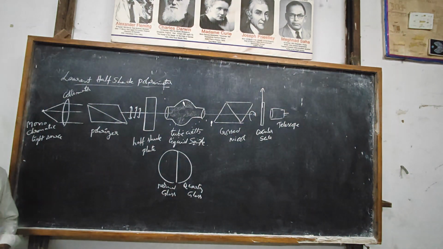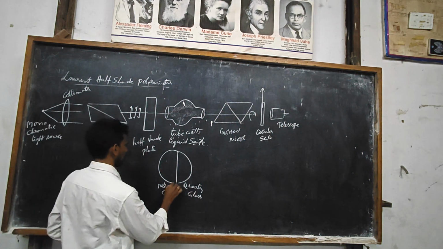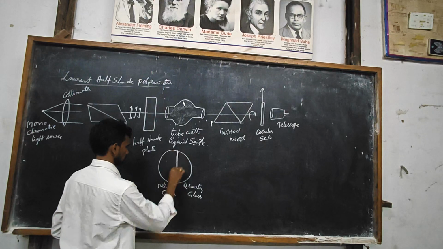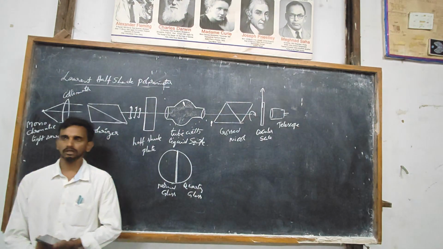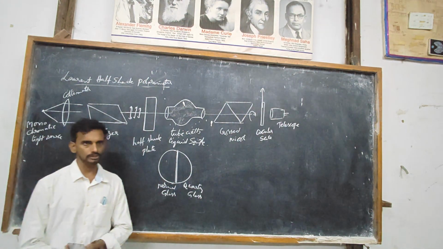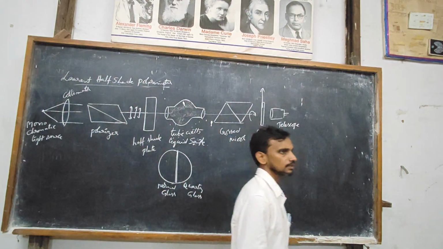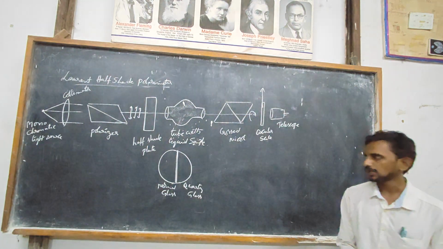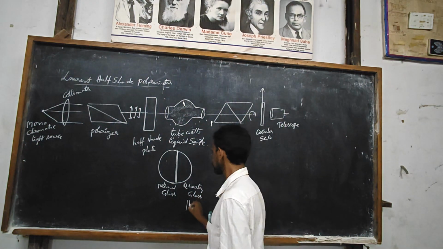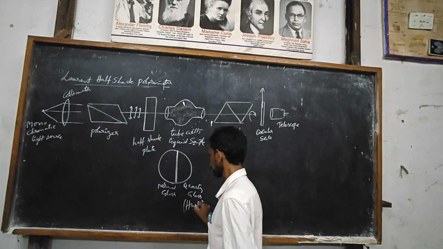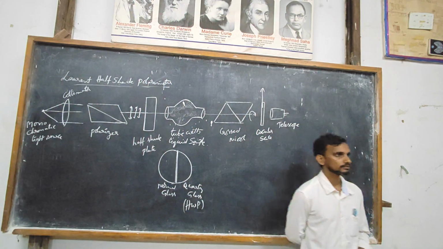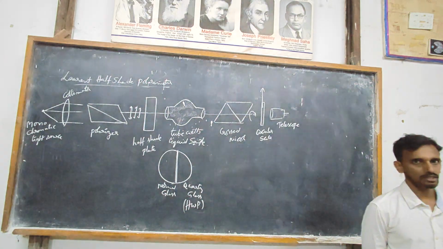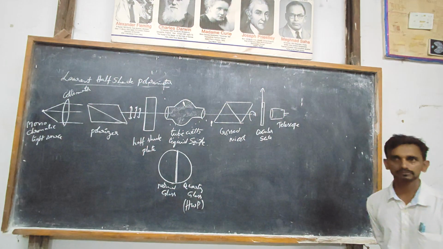It consists of two half pieces cut into two half circles and joined together. One is normal glass, another is quartz glass. This quartz glass is a half wave plate. So that flips the light by 180 degrees.